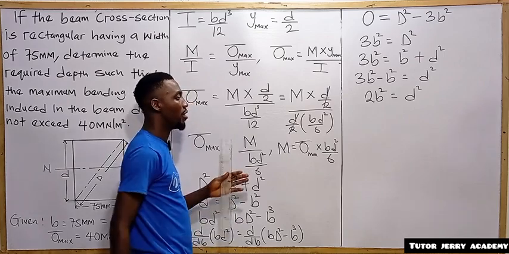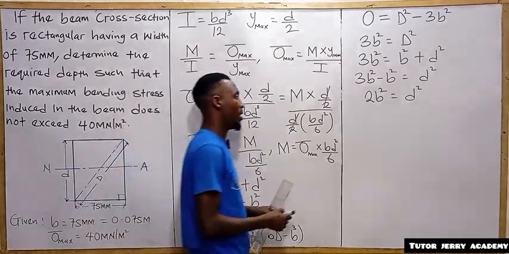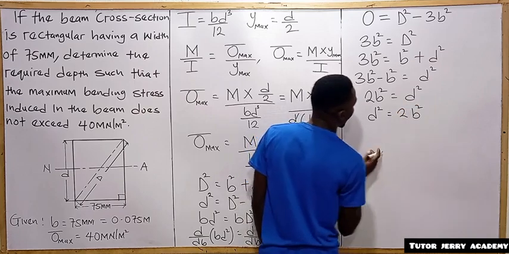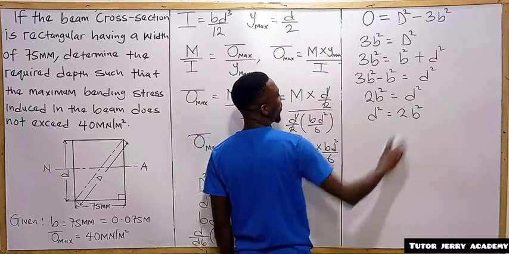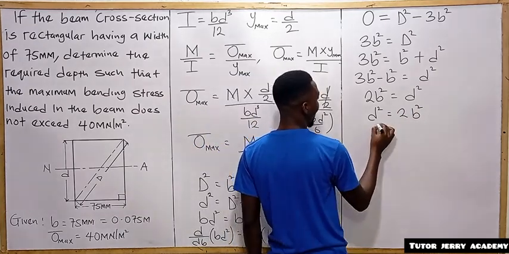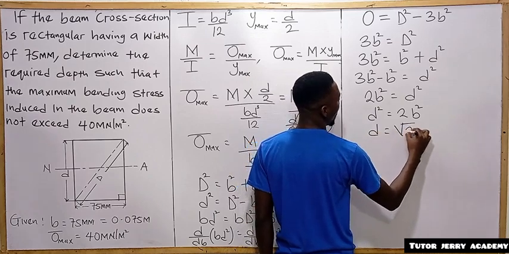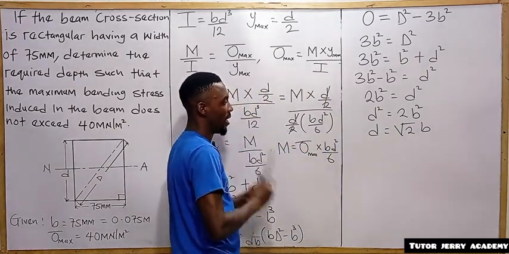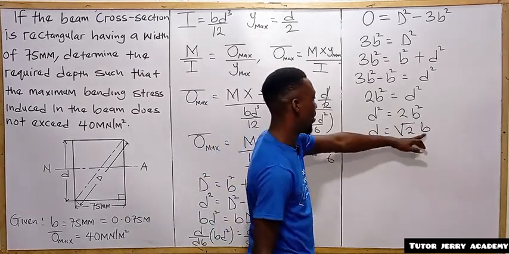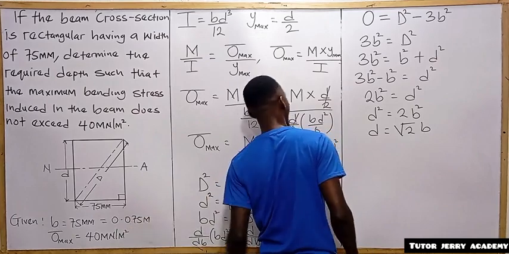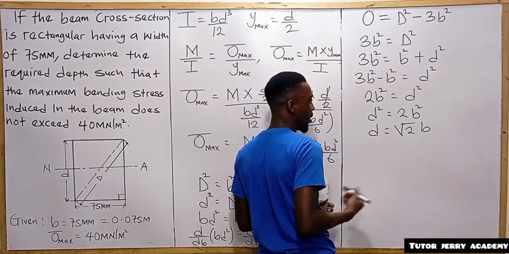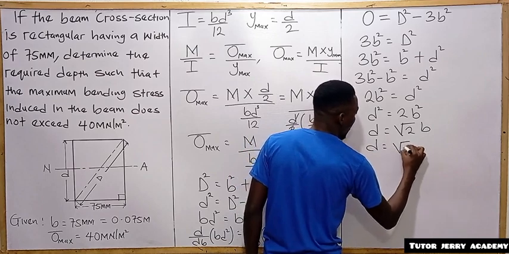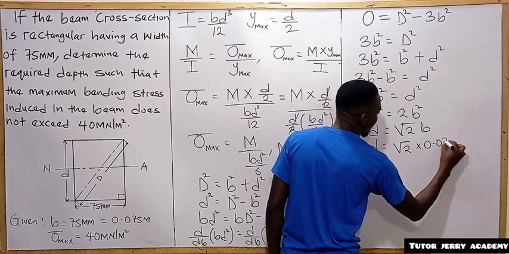All right. So if we want to make d the subject here, we can also say d squared is equal to 2b squared. So if we make d the subject, I'm going to take the square root of both sides. So now our d will be equal to root 2 times b. So that is what we are going to have for our d. And don't forget that our base here is 0.075, and if you press root 2 in your calculator, that is the product of root 2 multiplied by 0.075.